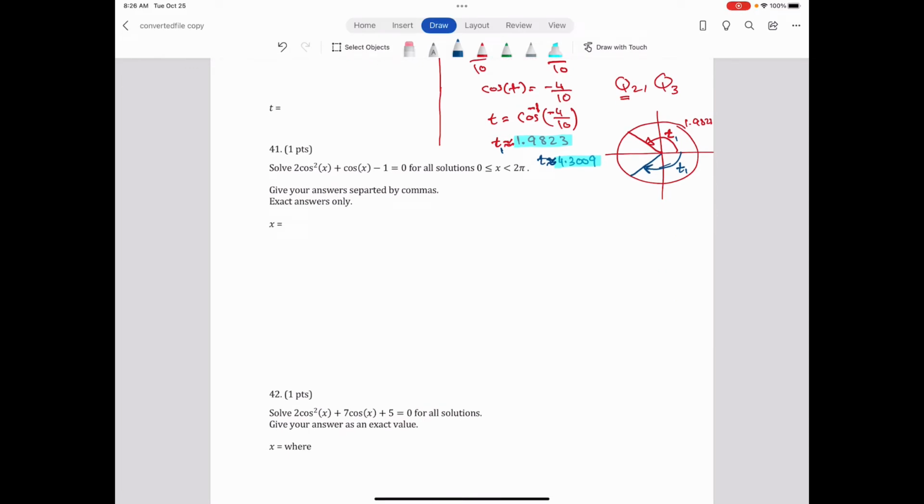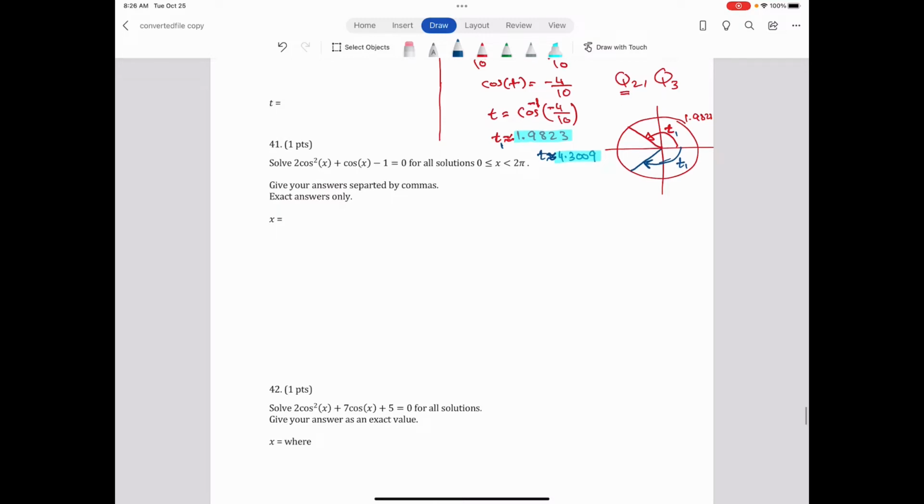Question number 41, I have 2 cosine squared x plus cosine x minus 1 equals 0, and I want to solve over one period. Now, I'm going to factor this into two factors. I have 2 cosine x, and I have cosine x.